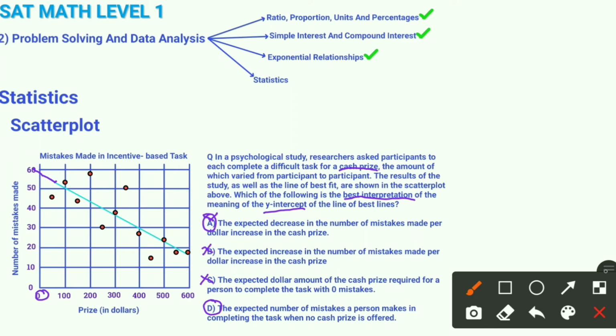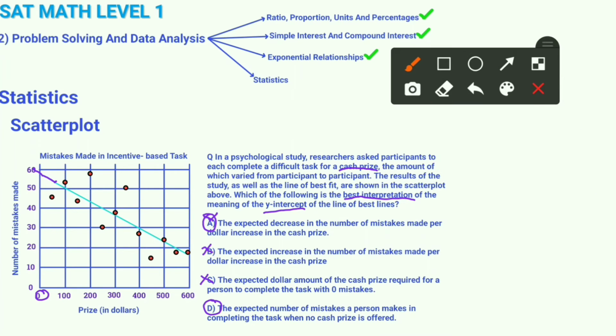Okay, both are slightly correct. Which one of these is correct? The expected decrease in the number of mistakes made per dollar increase in the cash prize, or the expected number of mistakes a person makes in completing the task when no cash prize is offered.